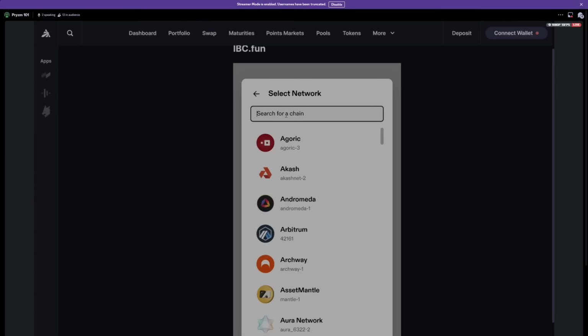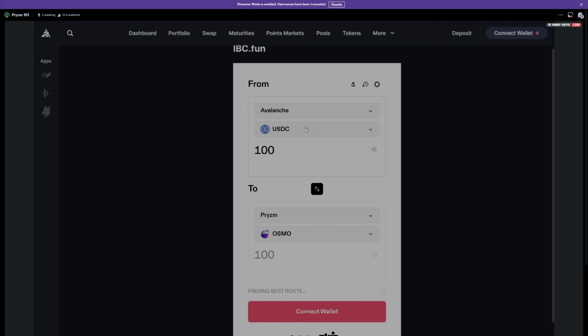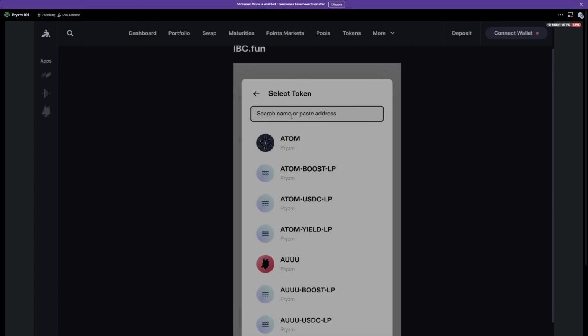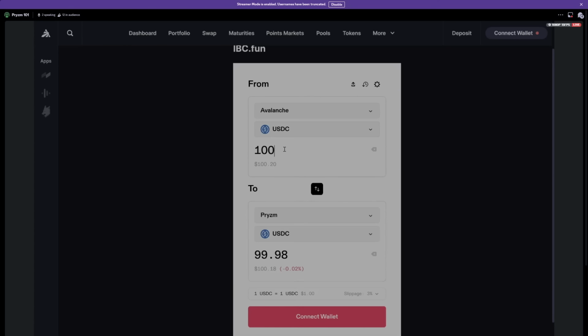I mean, one of the things that blew my mind actually is something like USDC. You can actually transfer USDC from Avalanche over to Pryzm in one click, which is kind of amazing. Obviously, same from Ethereum. I just pick Avalanche as an example.